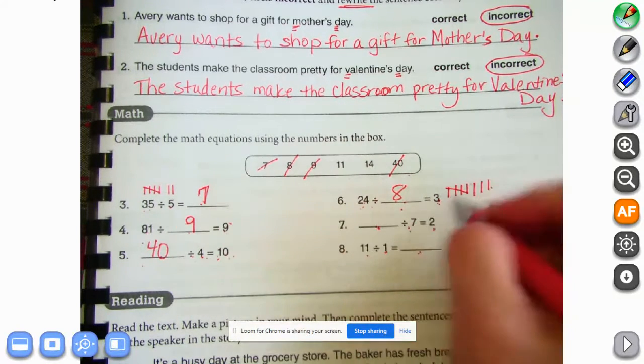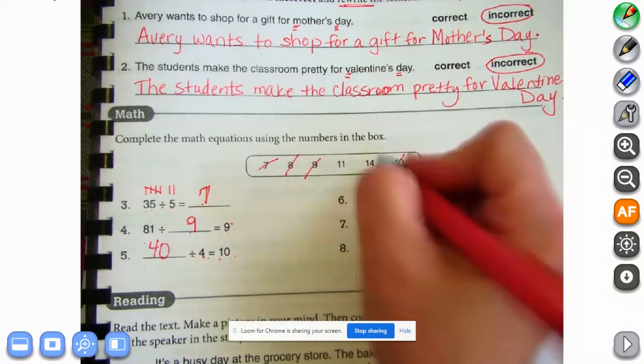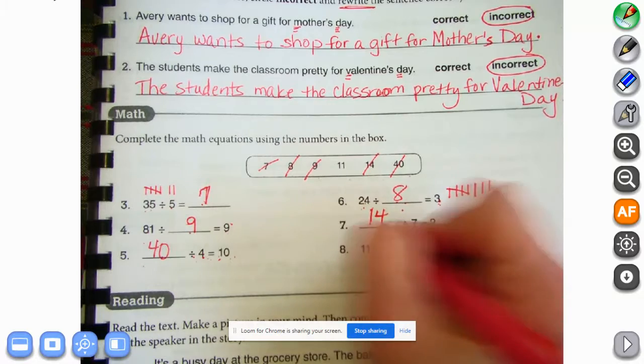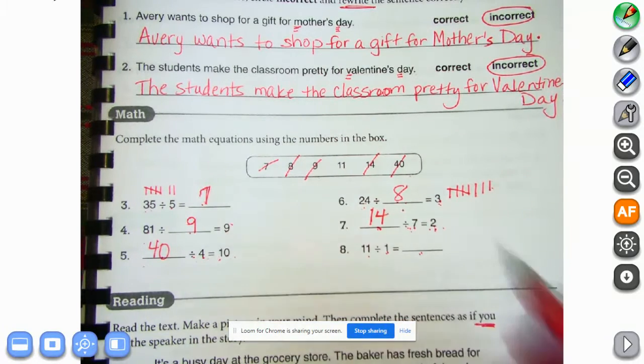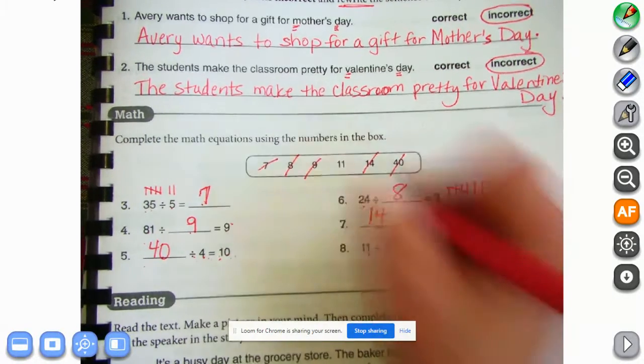This one we don't know what the beginning is, but we can multiply. 2 times 7 equals 14. So 14 divided by 7 would equal 2. 11 divided by 1, anything times 1 will be itself, is 11.